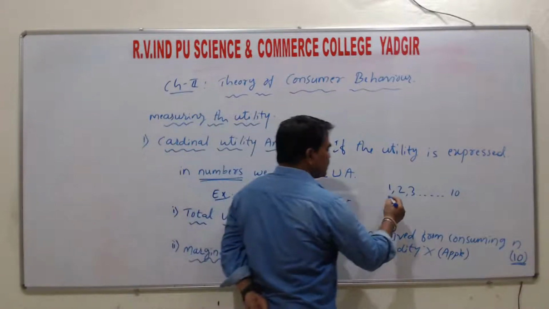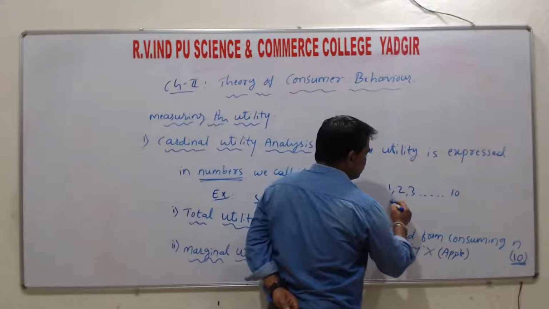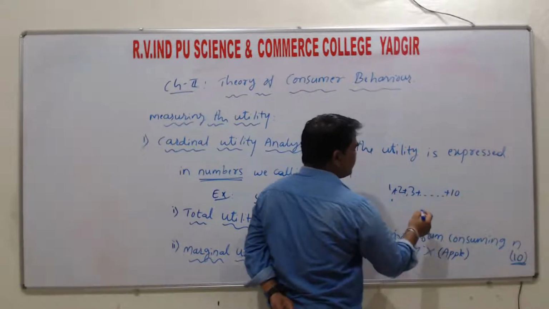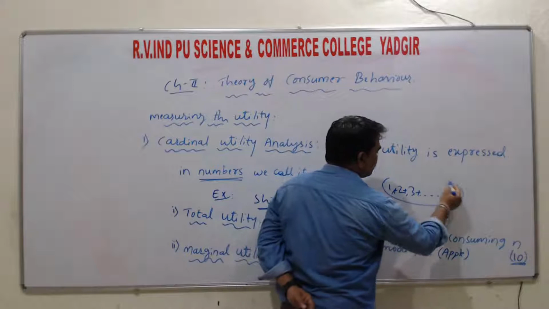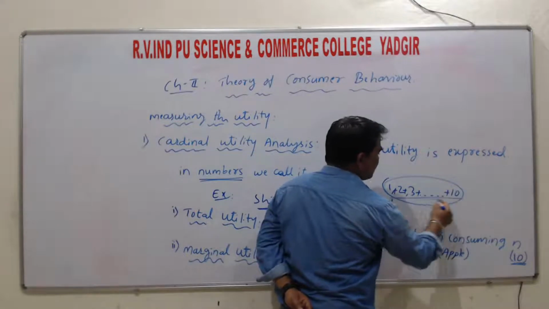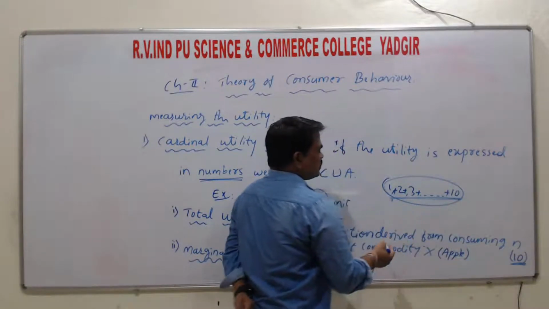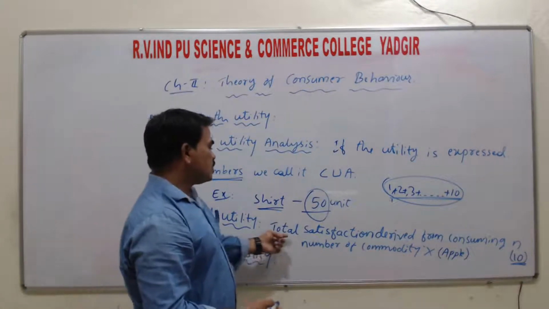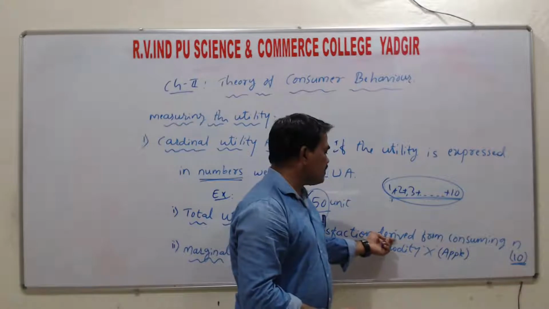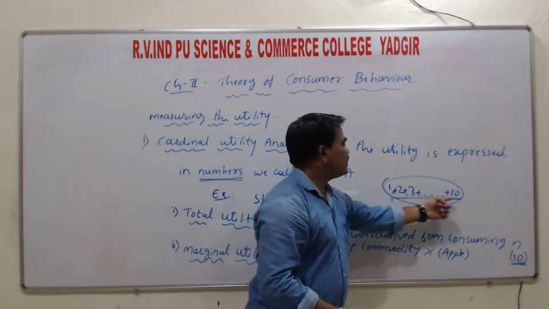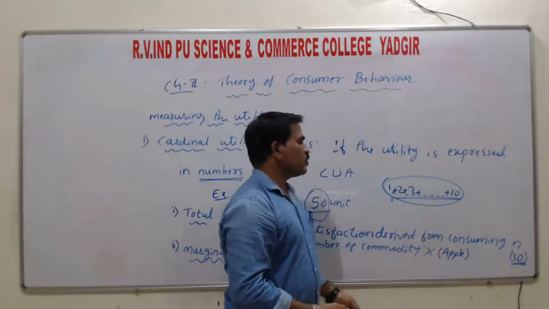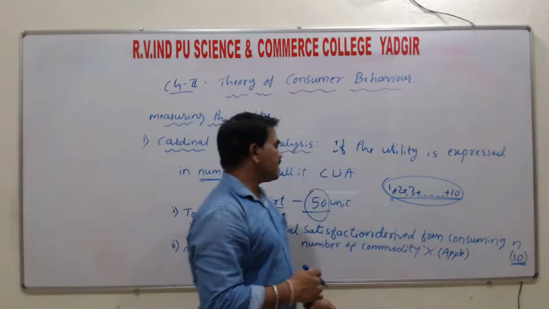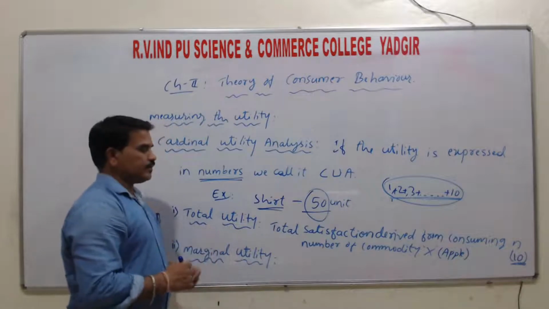So it is the total satisfaction level of consuming total n number of apples, that gives me total utility. Correct? So total satisfaction that we derive from consuming 10 apples, that gives me total utility.